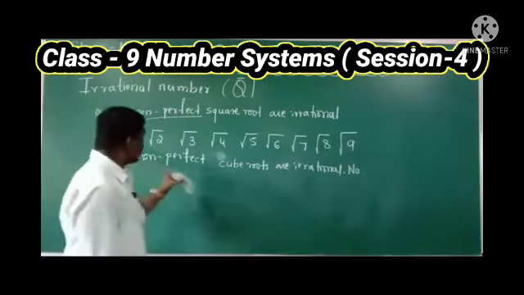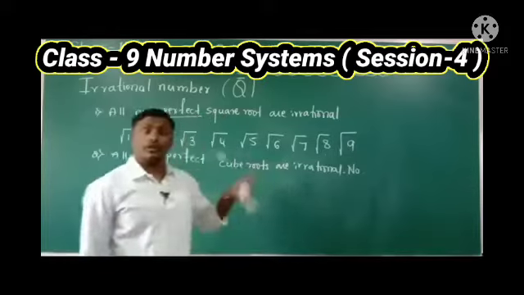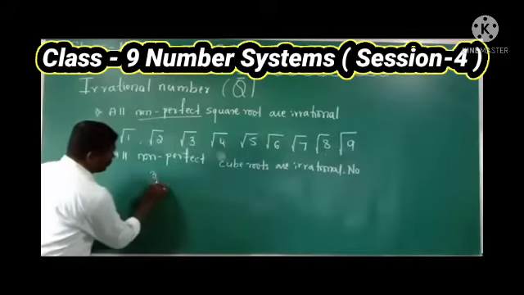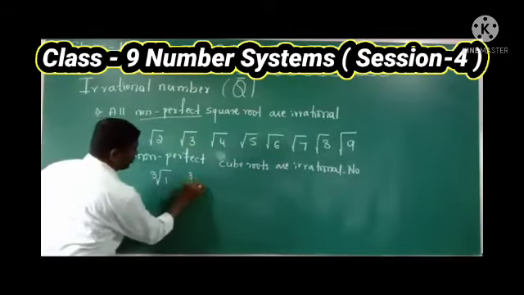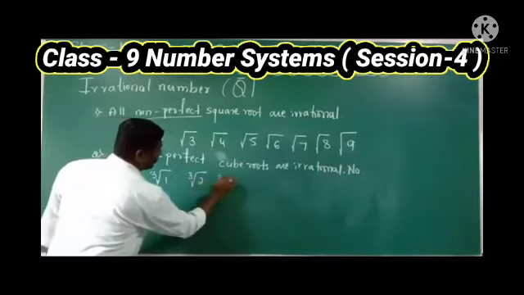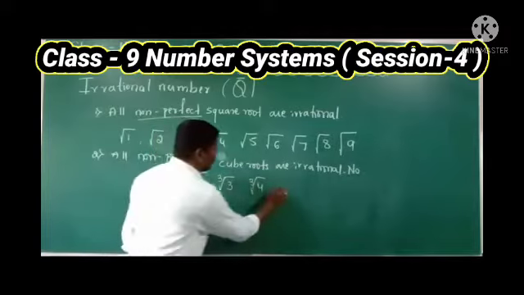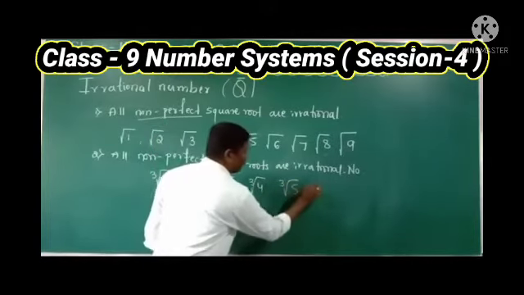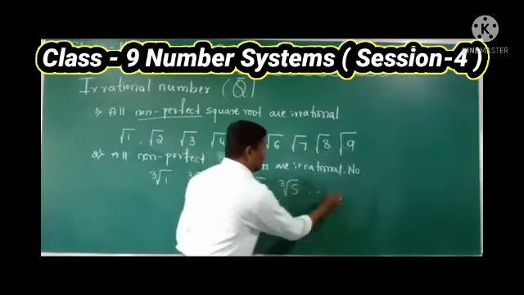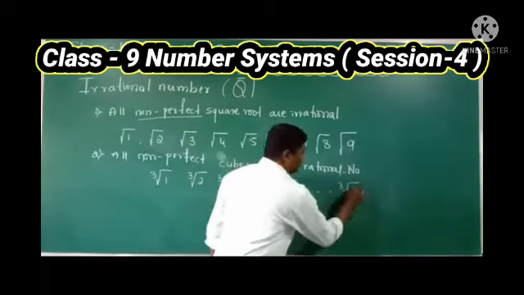So all non-perfect cube roots: cube root of 1, cube root of 2, cube root of 3, cube root of 4, cube root of 5, next cube root of 8.